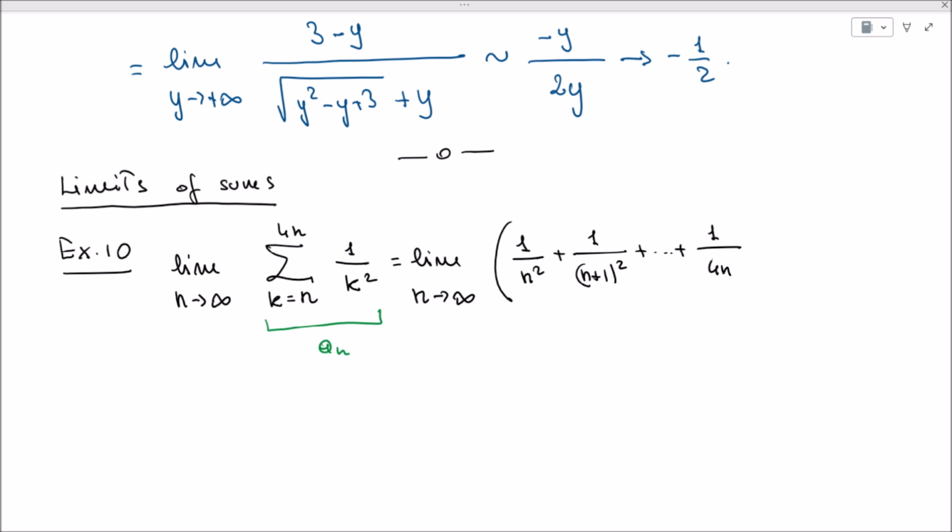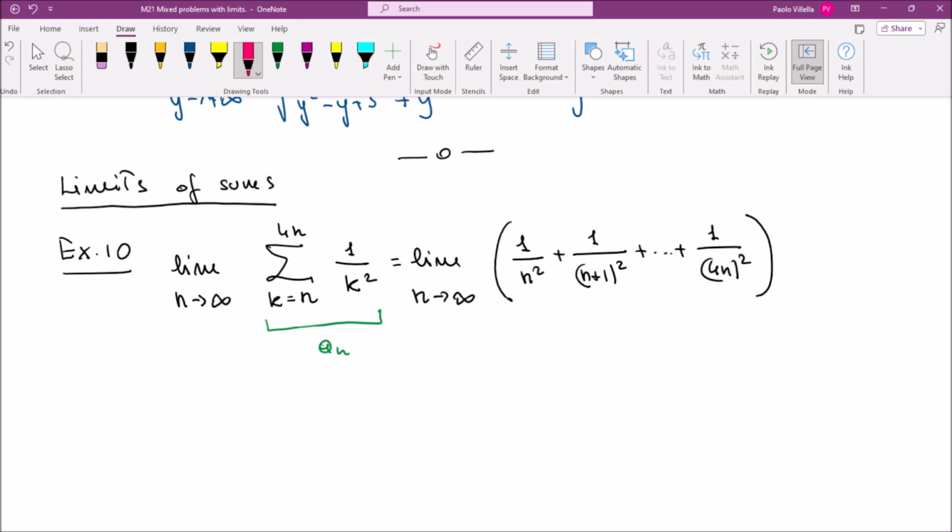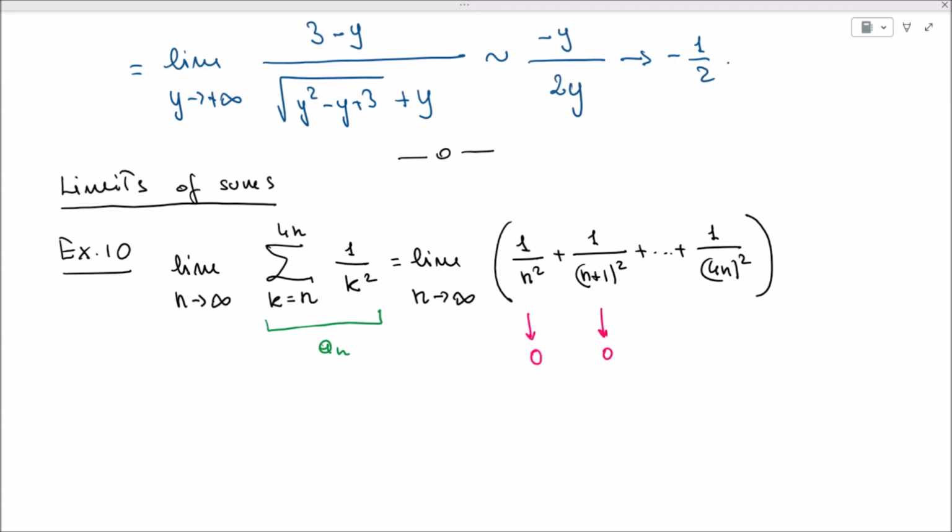Okay, so this is the expression. If we expand the sum, we get this. Now, one way of solving this could be saying, okay, for n that goes to infinity, the first term will go to 0, the second term will go to 0, and the last term will go to 0. So then we can say that this limit is equal to 0.